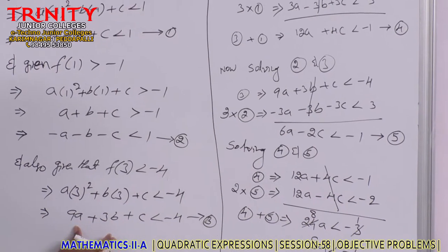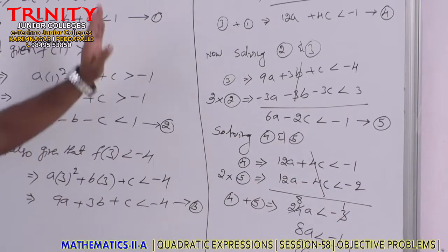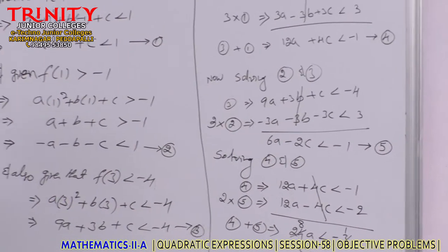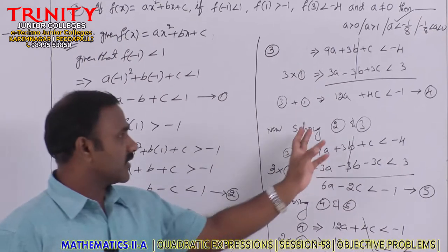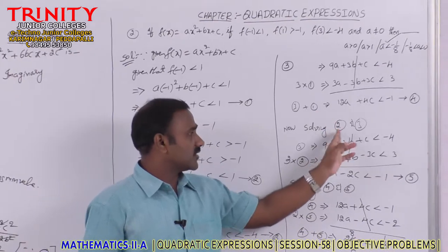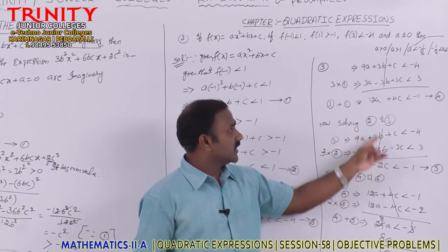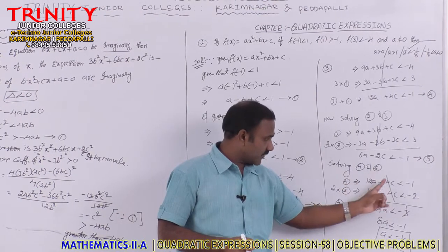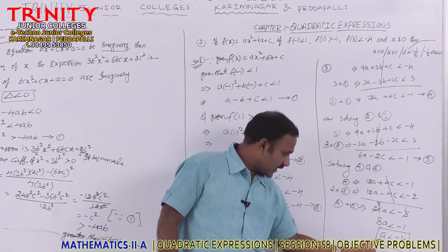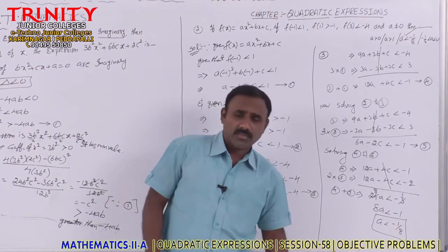And the third inequality is this one. By solving these three inequalities to eliminate b and c, we got the value of a. By solving first 1 and 3 and then 2 and 3, we eliminated b, and then by solving 4 and 5 we eliminated c. Then we got the value of a is less than minus 1 by 8.